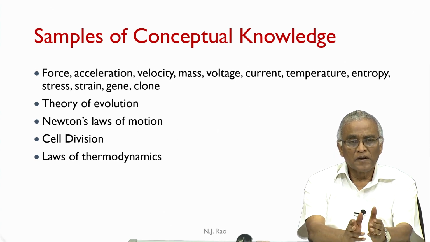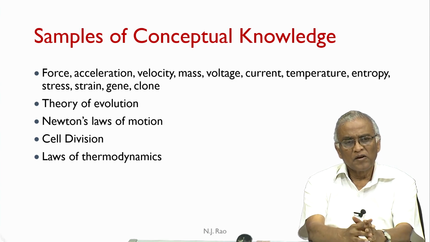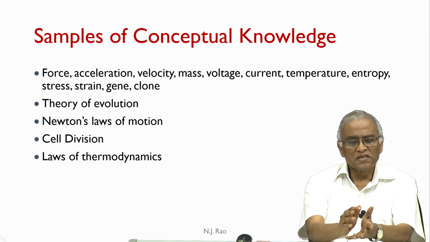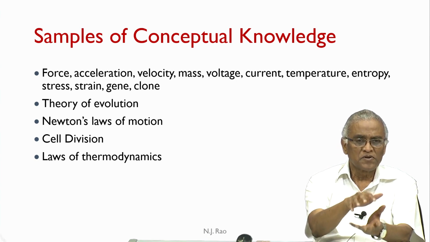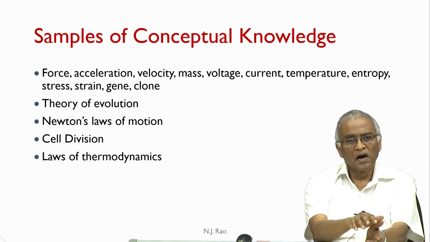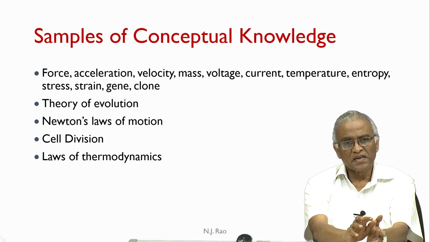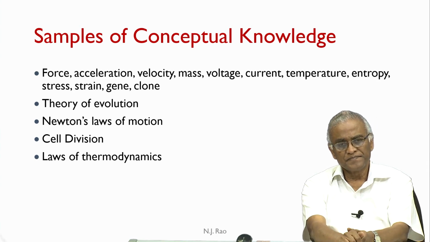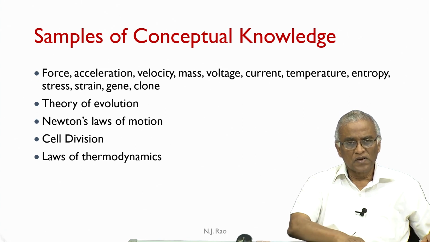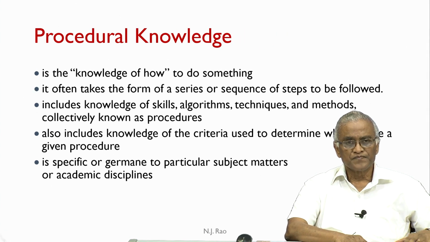These are all conceptual knowledge. I won't call it a hierarchy, but they are things put together. Some principles put together become laws or a theory or a model or a schema. This is what we call conceptual knowledge.